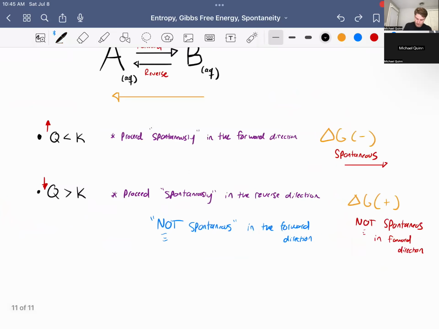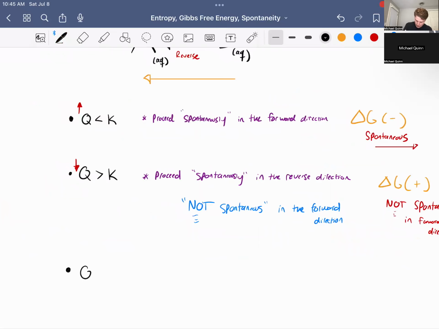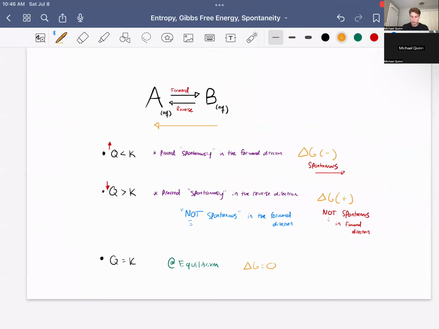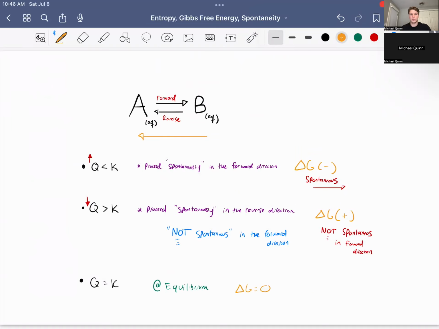Lastly, if Q is equal to K, we are already at equilibrium and delta G is equal to 0.